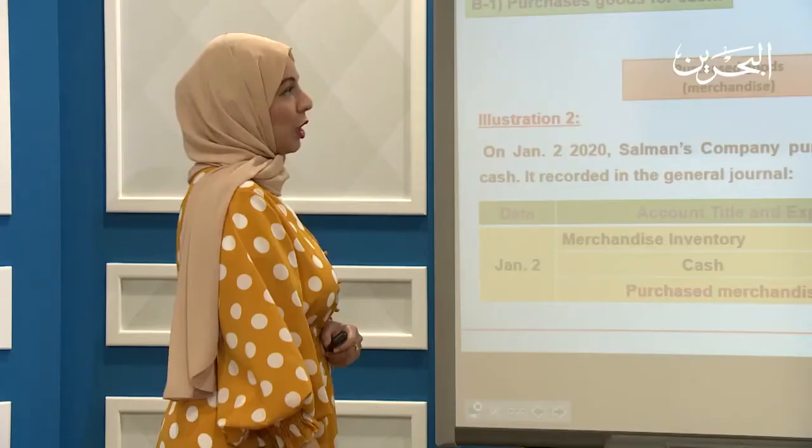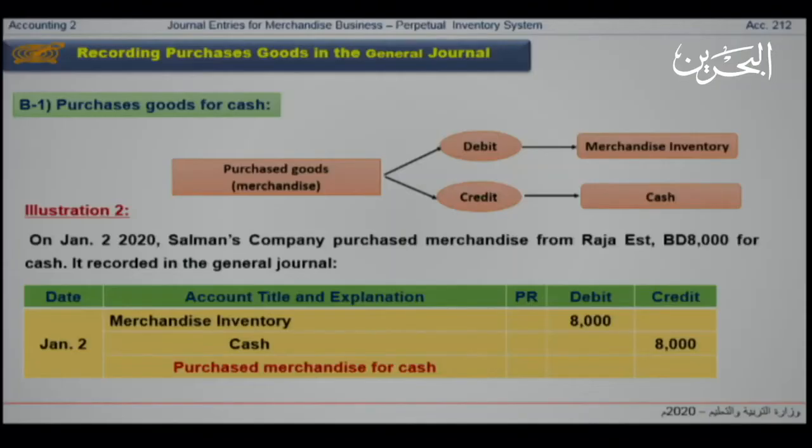Moving to the purchase of goods for cash. In our example, Salman Company purchased merchandise from Raja. So Salman is the buyer and Raja is the seller. He purchased goods of 8,000 for cash.